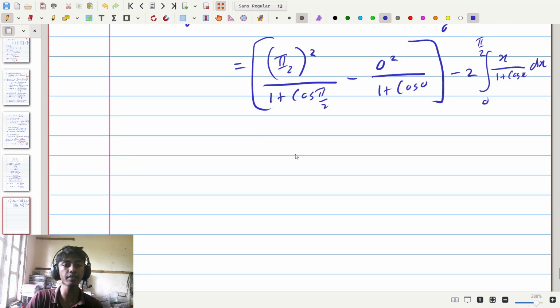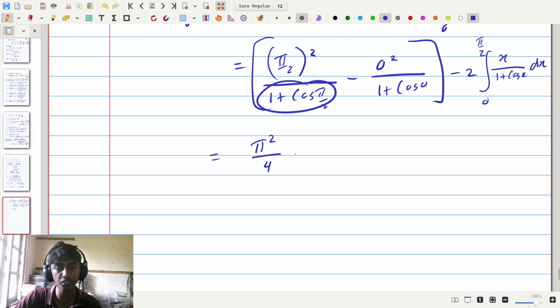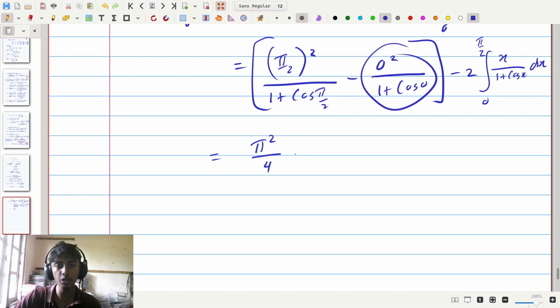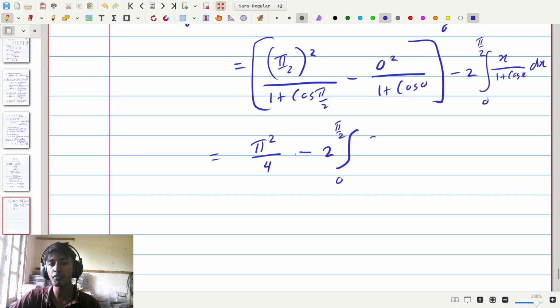And simplifying further, we get pi squared divided by 4 divided by 1 plus cosine of pi by 2, which is 0, so 1 plus 0, which is 1, so we get pi squared divided by 4 minus 0, which is pi squared divided by 4, minus 2 times the integral from 0 to pi by 2 of x divided by 1 plus cosine of x with respect to x.